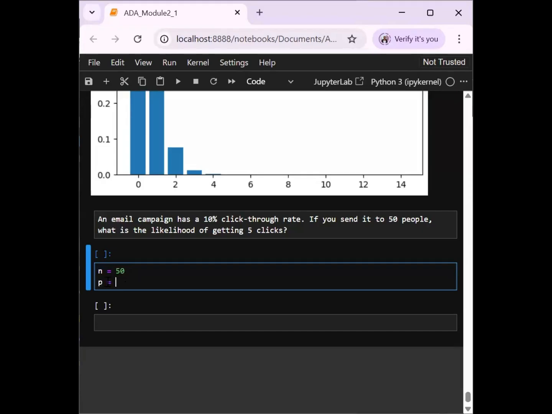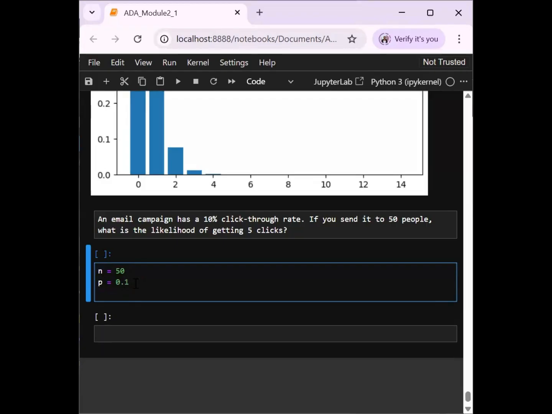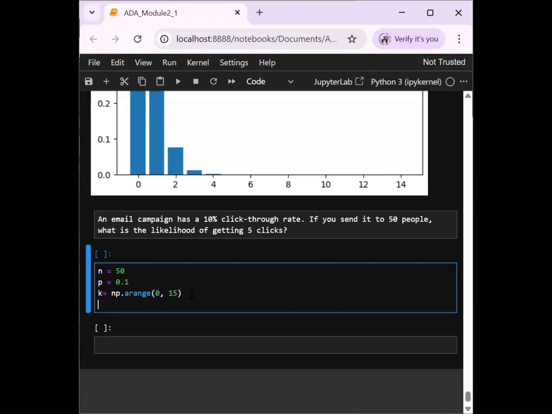Then K, np.arange. Since the likelihood we are trying to get is 5 clicks, you can say 0 to 15. Then click probability is binom.pmf.